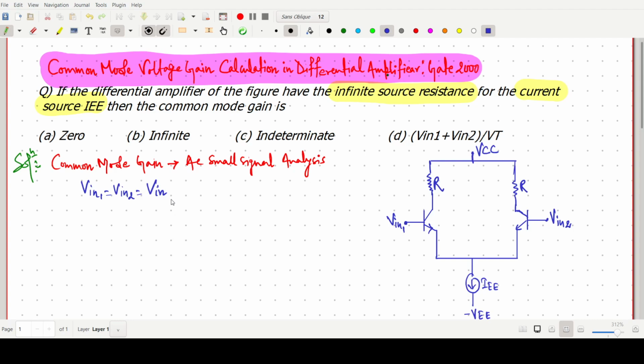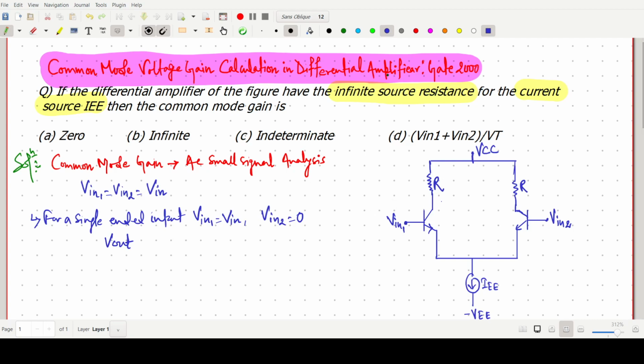We can start this calculation by using a single-ended input, in which we just use V in 1 equals V in and keep V in 2 equals 0, and then find the value of V output.